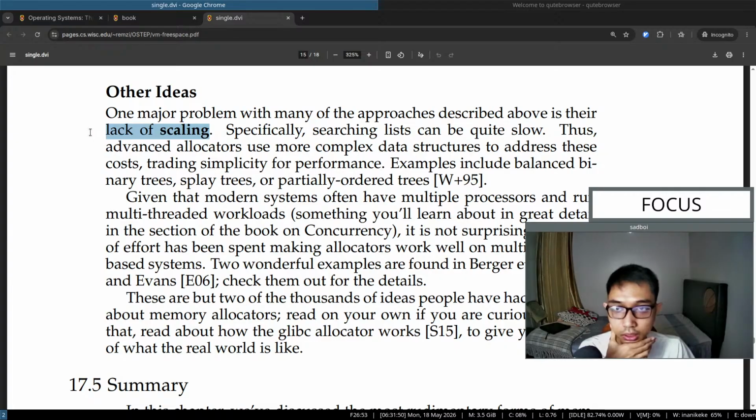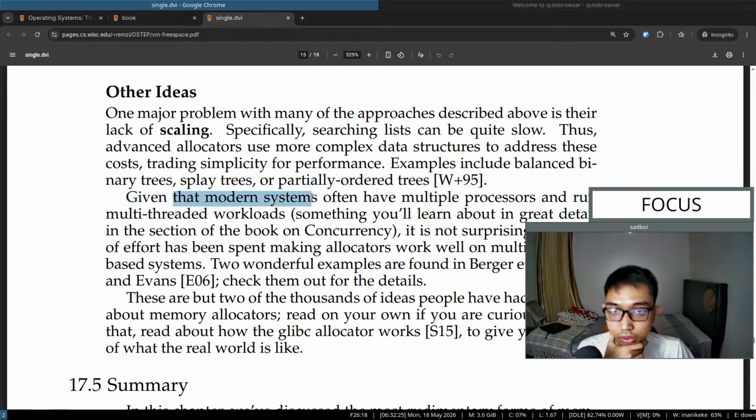Thus, advanced allocators use more complex data structures to address these costs, trading simplicity for performance. Examples include balanced binary trees, splay trees, or partially ordered trees.